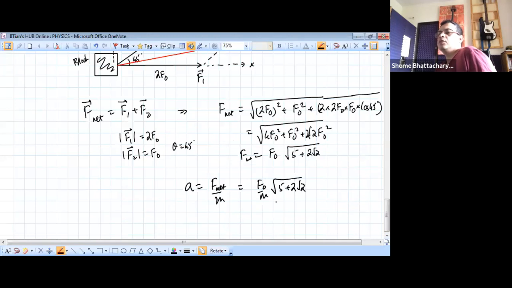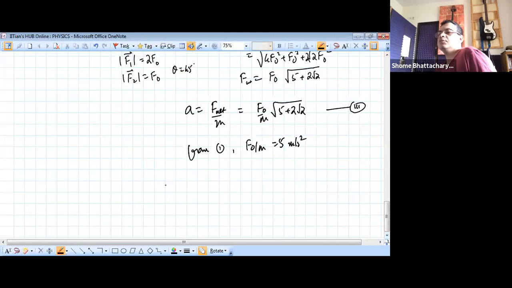Okay. So now substitute from equation 1, F naught by m was equal to 5 meters per second square. So in this case now the acceleration becomes 5 into square root of 5 plus 2 root 2, for which you will do an approximate calculation.